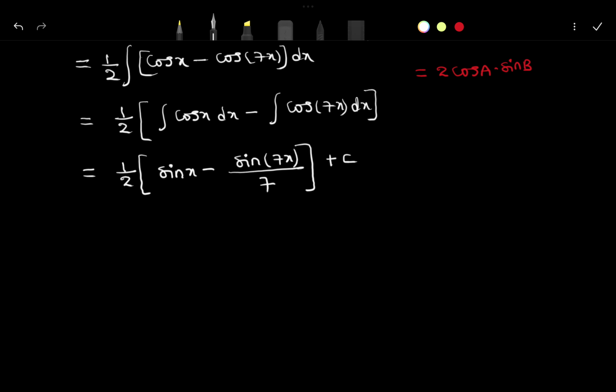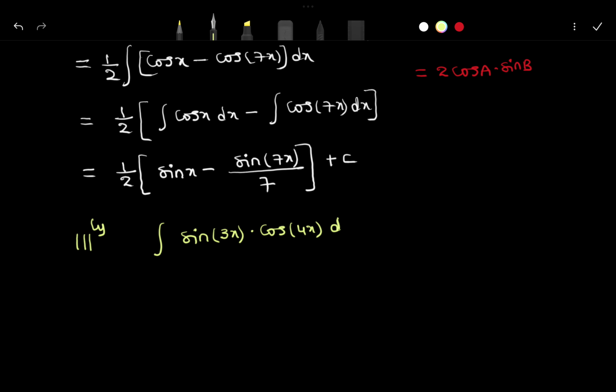One more question will be, similarly you can find the integration of sin 3x into cos 4x dx.